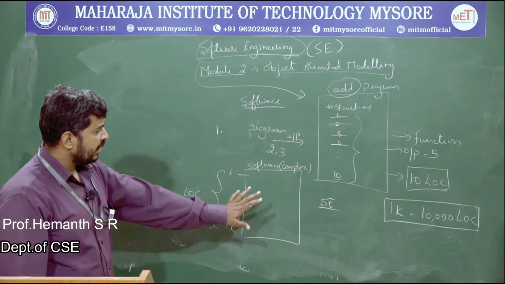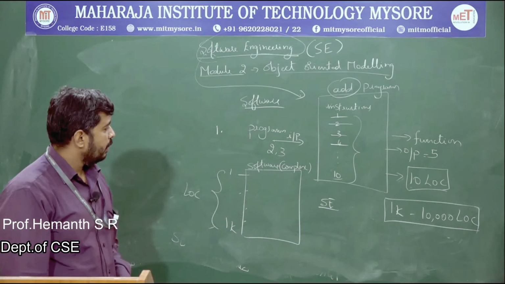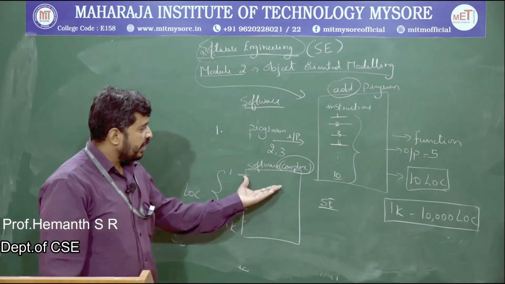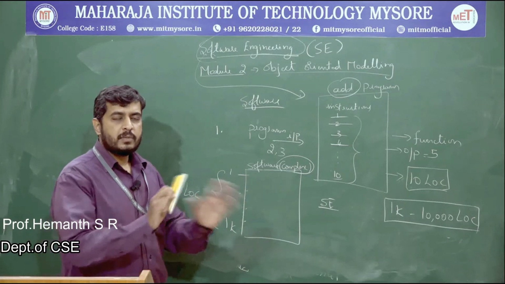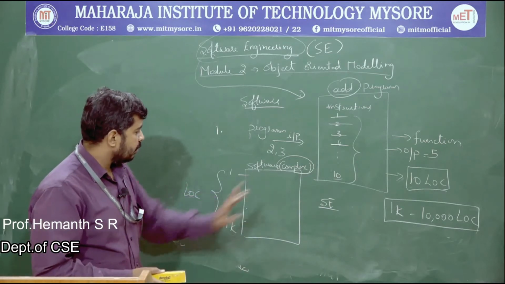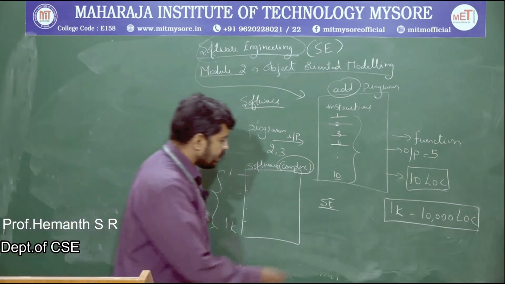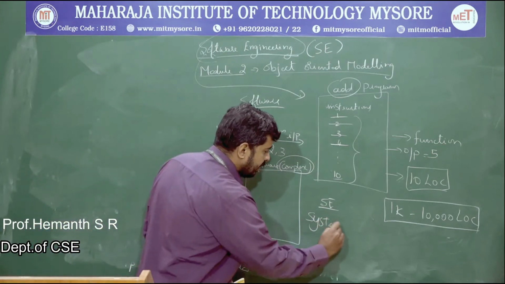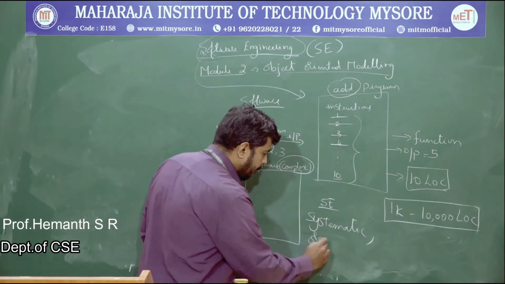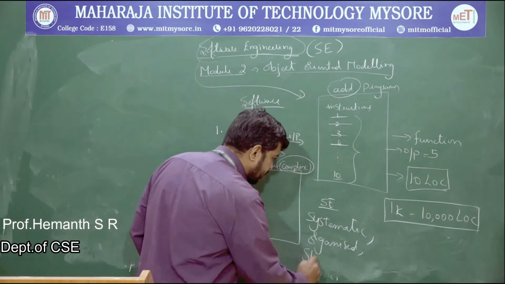Now how software engineering can help me achieve my objective? So when something is complex, we need a way of doing it in a systematic fashion, and that is what software engineering is about. I want to develop this software with thousands of lines of code. Let me do it in a systematic fashion. Let me do it systematically. Let me do it in an organized way. Let me do it in a more structured way.